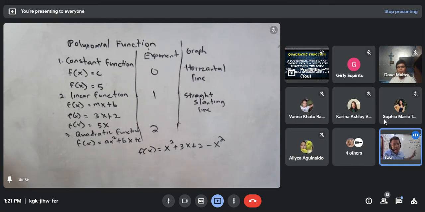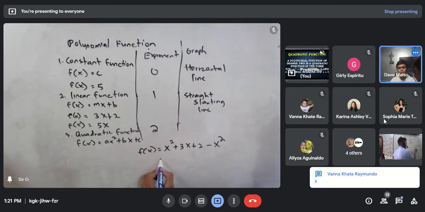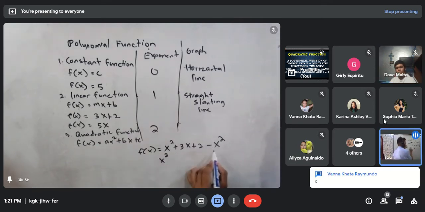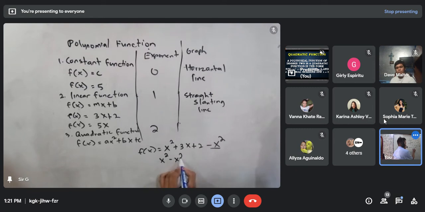So, akala natin nakita lang tayo ng raised to 2, that is quadratic function. So, hindi. Try to analyze. In solving an equation nung naalala natin, combining like terms, ano yung like terms dito? Yung parehas daw ng base at parehas ng exponent. Okay, so x squared and negative x squared, minus x squared. And also itong natira plus 3x plus 2. Combining like terms, x squared minus x squared.